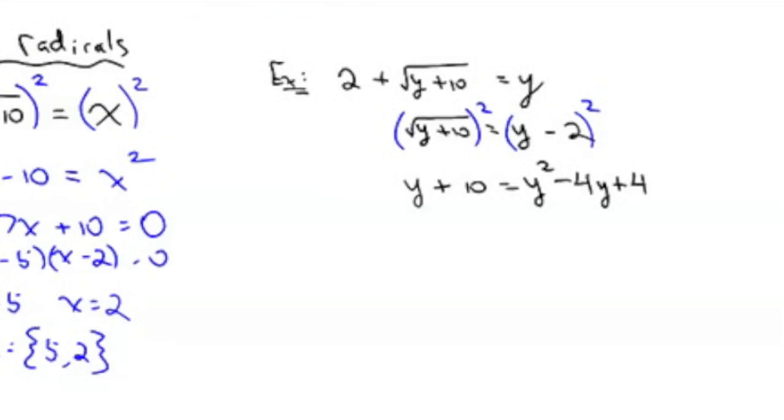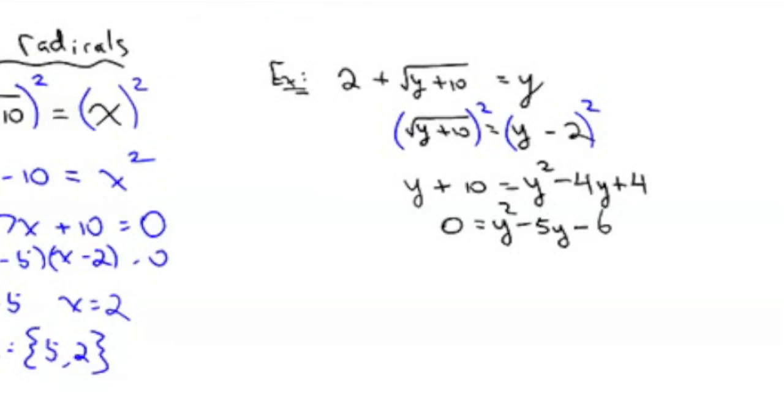All right, now what? Move everything to one side, keep the y squared positive. So the y and the 10 come over, and you get a big fat 0 equals y squared minus 5y minus 6.